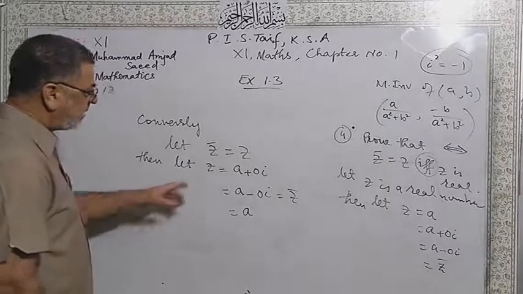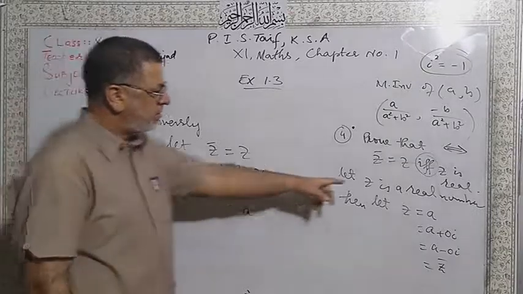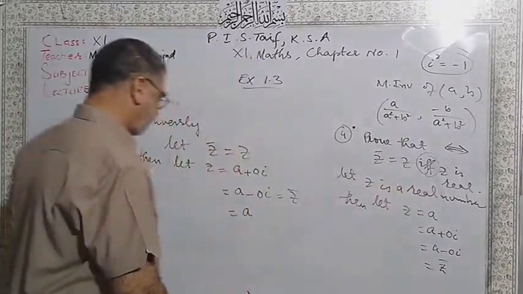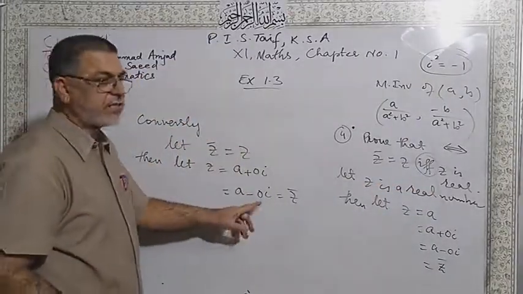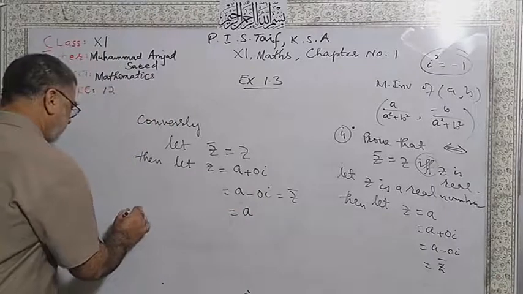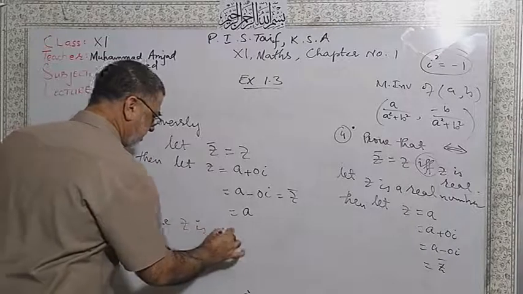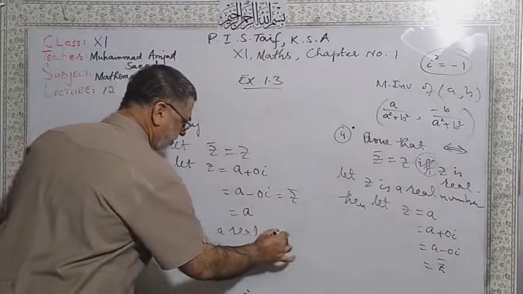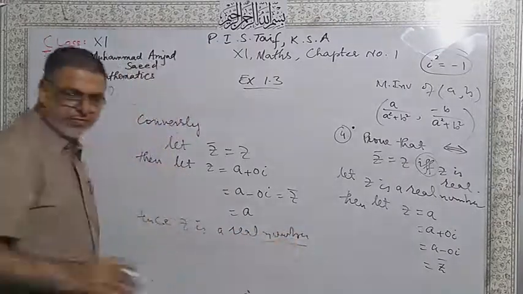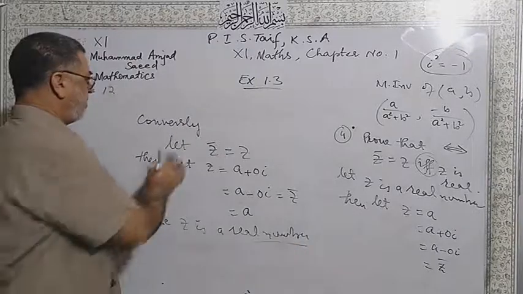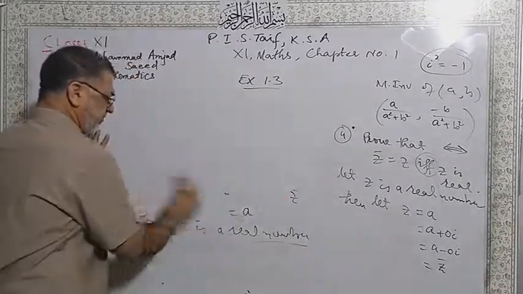It means that z is a real number, because the iota term is missing. Hence z is a real number. This was proved. I hope that you got the idea.